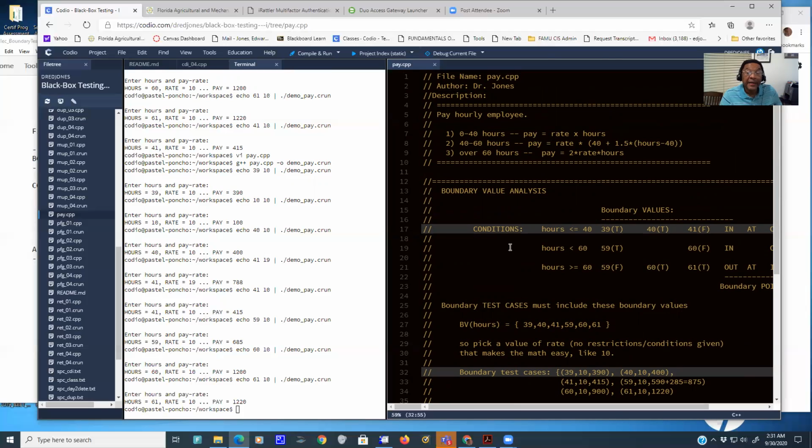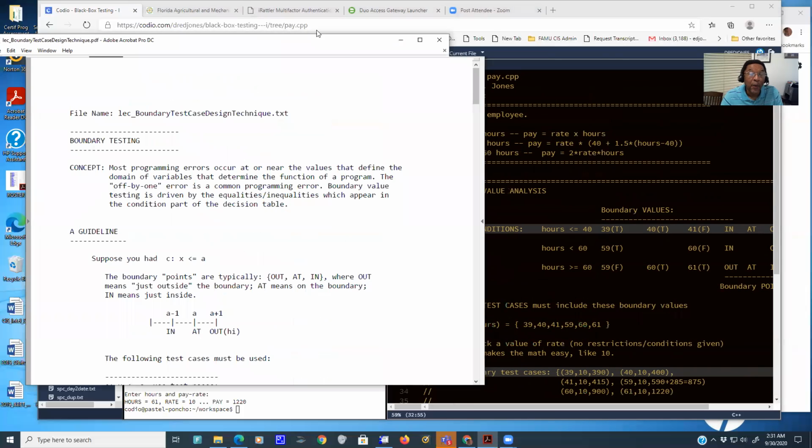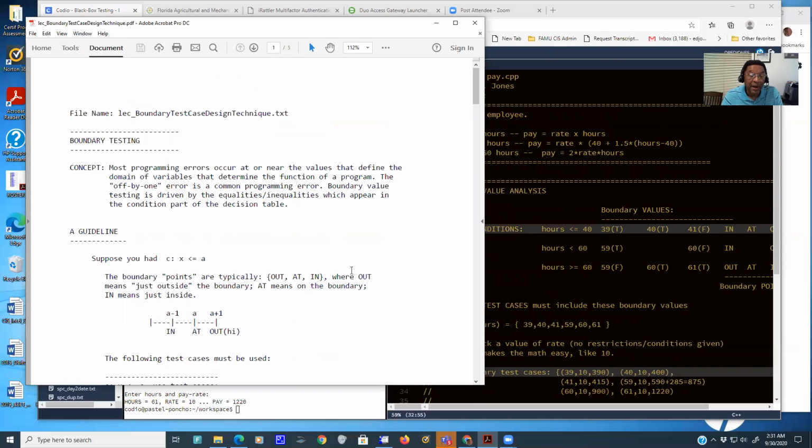All right? Now, if I were to switch real fast and go back over what we did in class today, you can now identify some of the stuff we were talking about. If we have the inequality, we have the point A, which is at. We have the point next to it, which is out, and the point next to the left of it, which is in. So the test data that you need to have are A minus 1, A, and A plus 1.